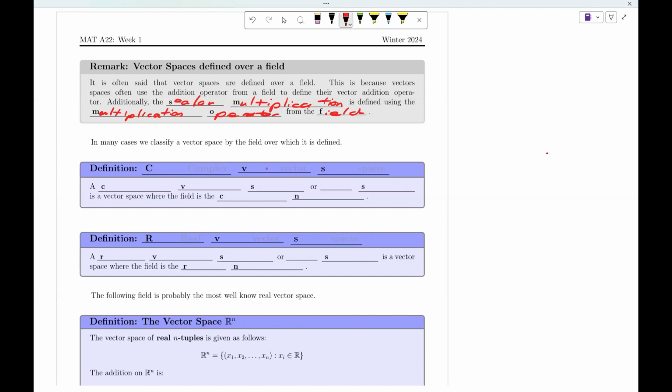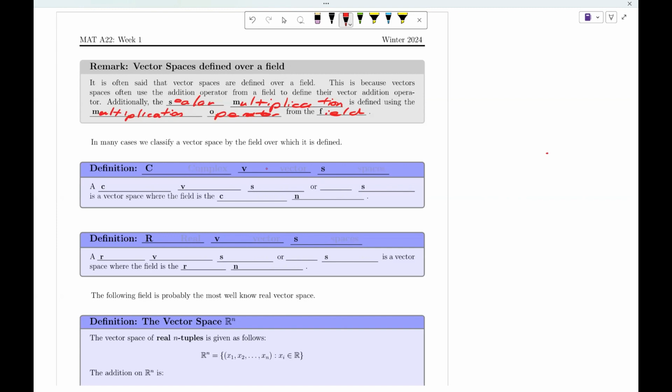Now, in your homework assignment, you're going to be practicing using multiplication operators that aren't your standard multiplication operator. But in using them, you'll prove, hey, we do form a vector space, which is kind of cool.